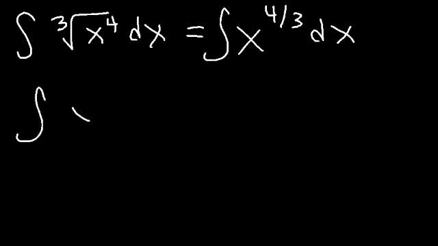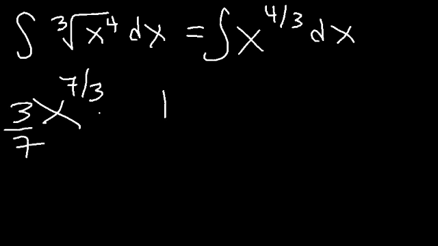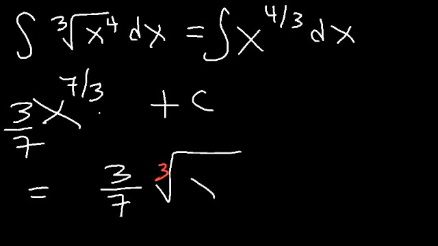So once we add 1 to the exponent, it's just going to be x to the 7/3. Instead of dividing it by 7/3, let's multiply it by 3/7, and then add the plus c constant. So the final answer is 3/7 cube root x to the 7th power plus c.